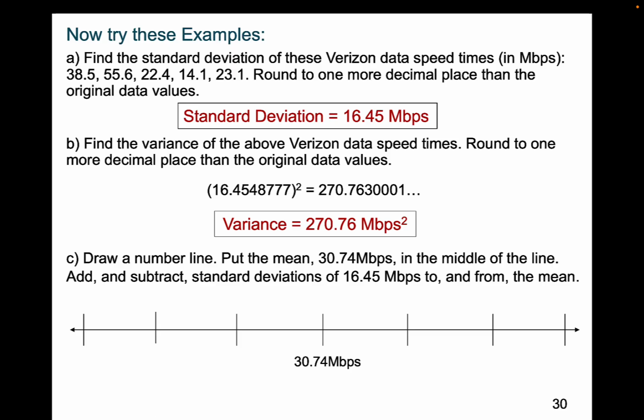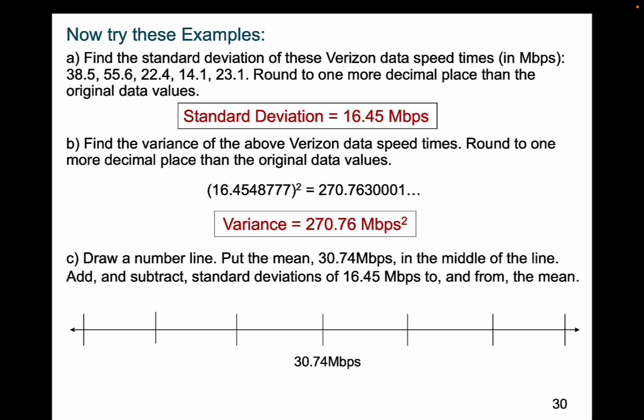And we're asked to add and subtract standard deviations of 16.45 to and from that. So if you take your calculator out, you can just use the one on your phone, type in the 30.74, and let's first add one standard deviation to that.